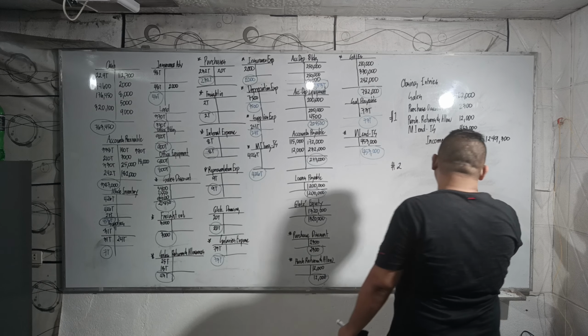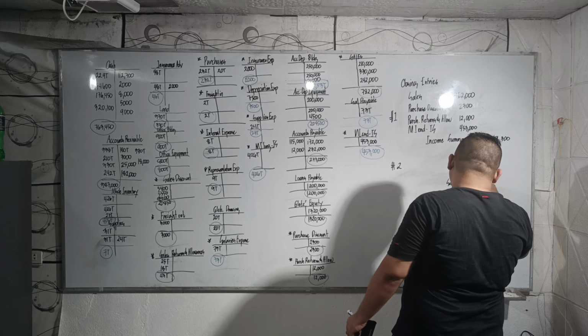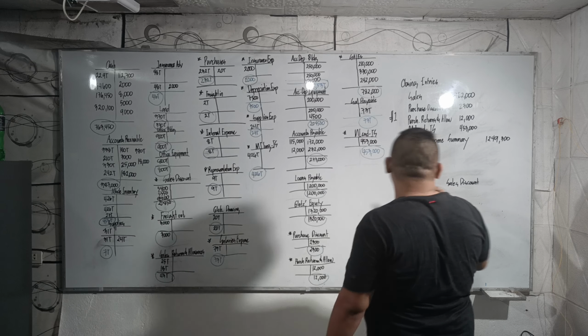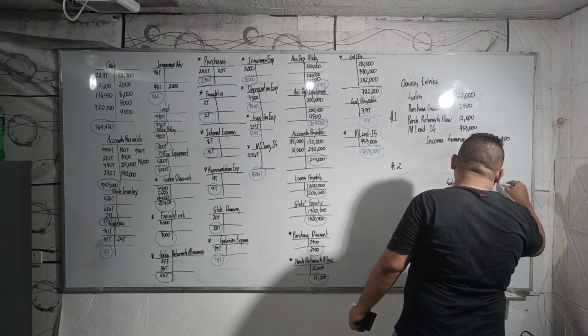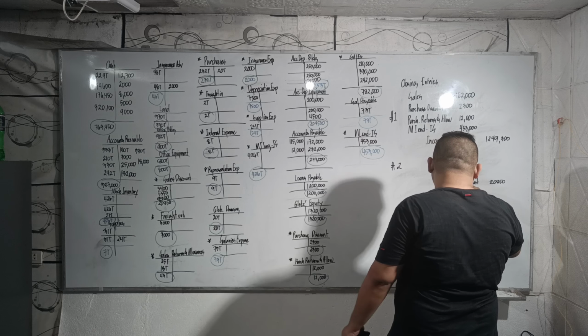We have sales discount. Since the normal balance of sales discount is debit, we have to credit it to close it. So sales discount is 20,850. And then the next one is the freight out.